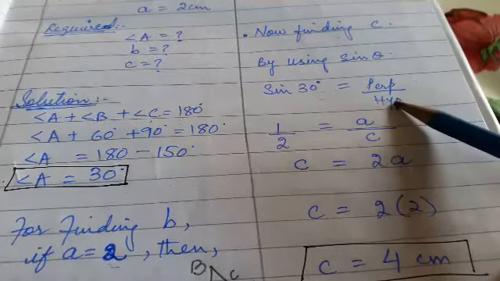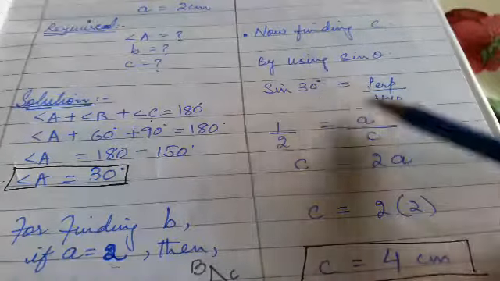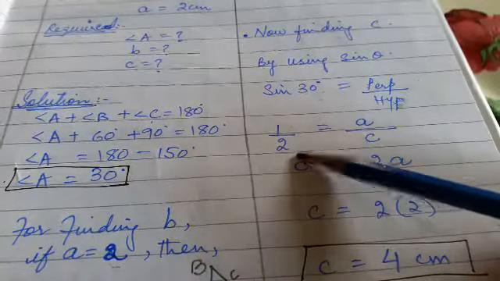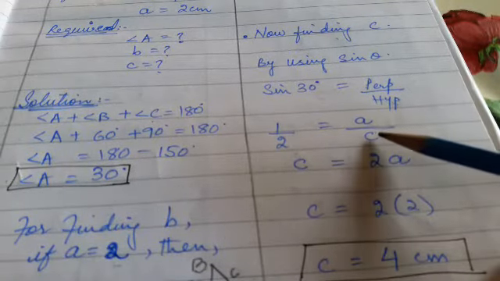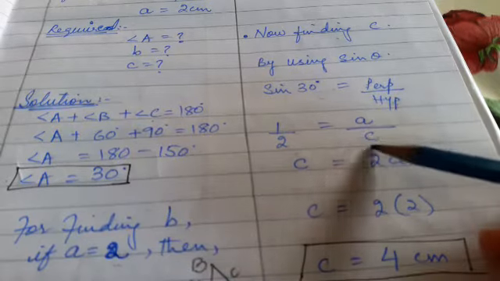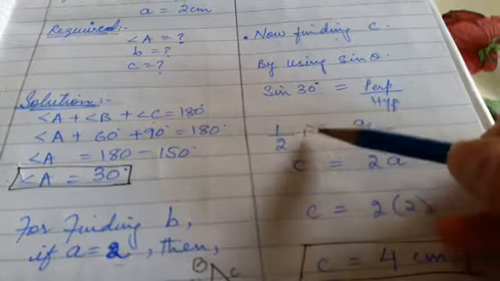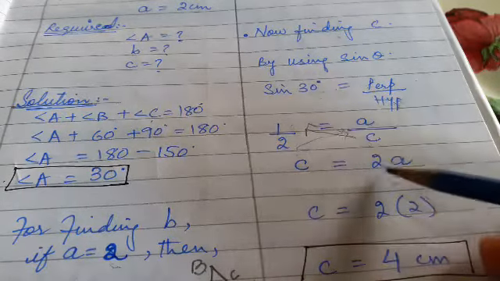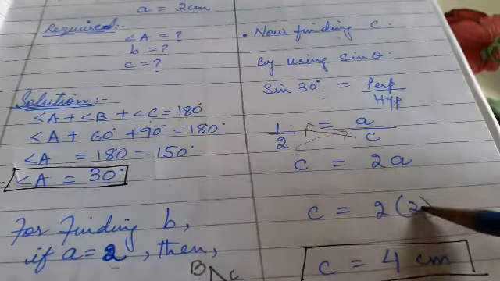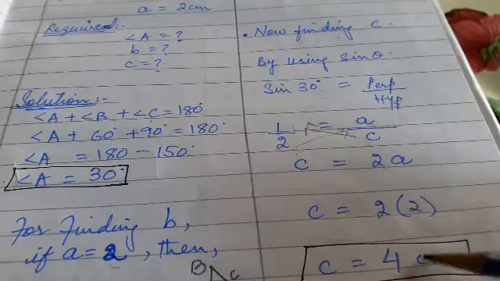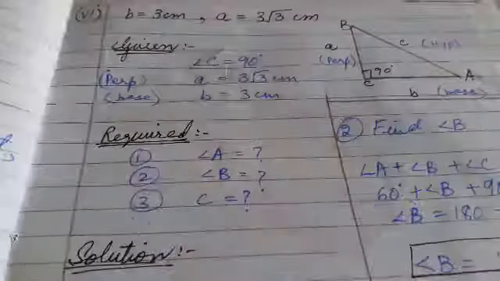That is one unknown value which we have here. So sine 30 is 1 upon 2. Perpendicular is A, that is equal to 2, and C is unknown. So now you will shift C here, and this 2 you shift here. It becomes 2 times A, and this C goes here. Now the value of A is given to you as 2. 2 2s are 4. So this is your final answer.